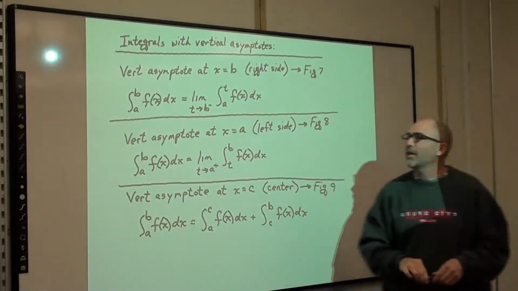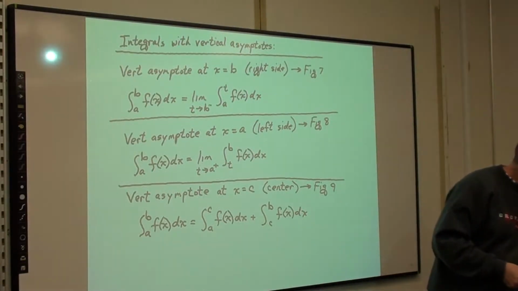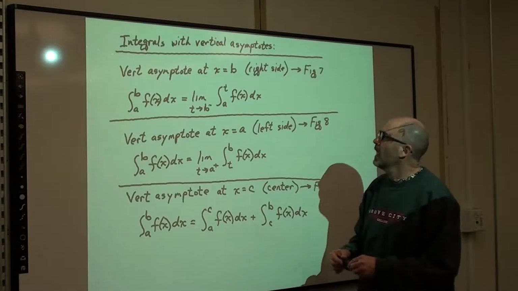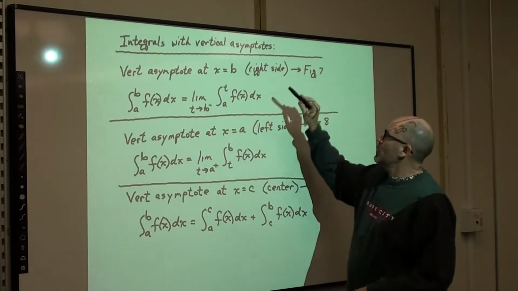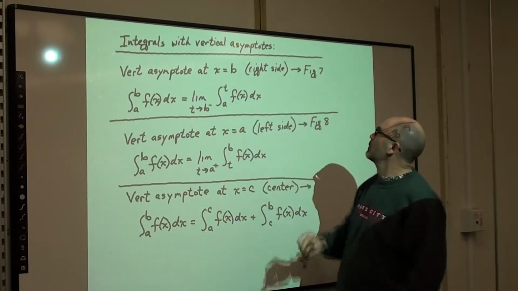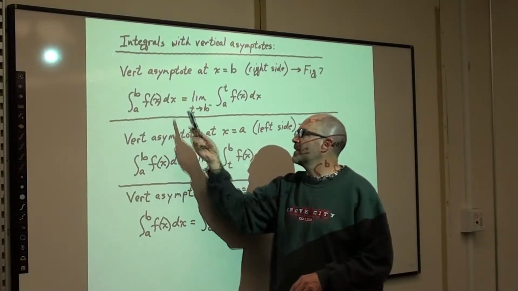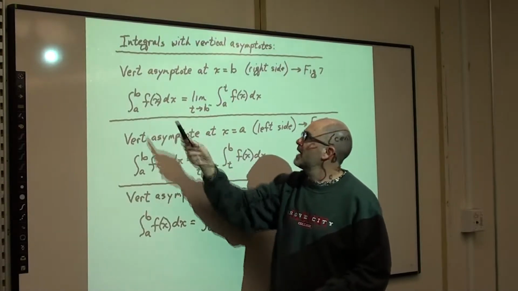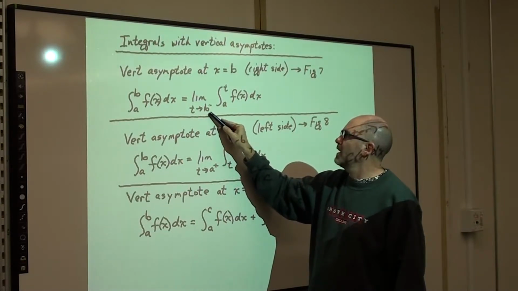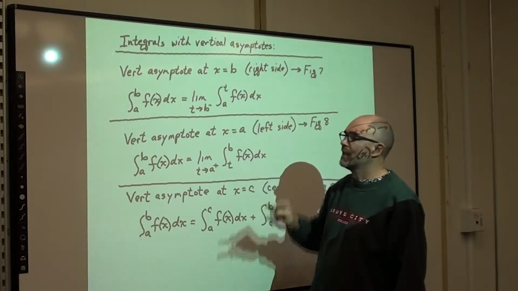All right, next, we're going to have integrals with vertical asymptotes. So everybody check out page 534. If we have a vertical asymptote on the right side of the function at x equals b, then the integral from a to b of f of x dx, well, b doesn't actually exist. So you have to say it's the limit as t approaches b from the left of the integral from a to t of f of x dx.